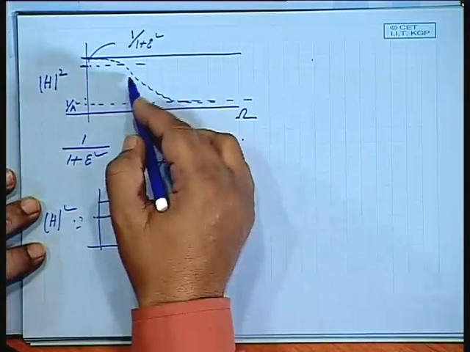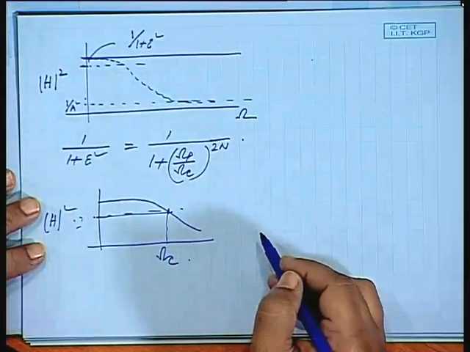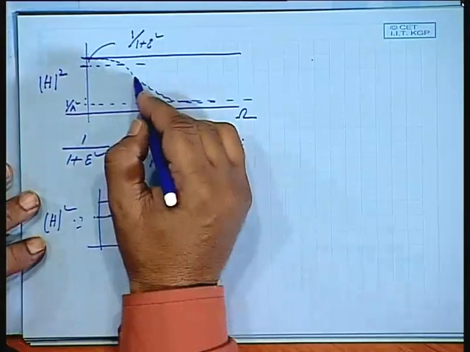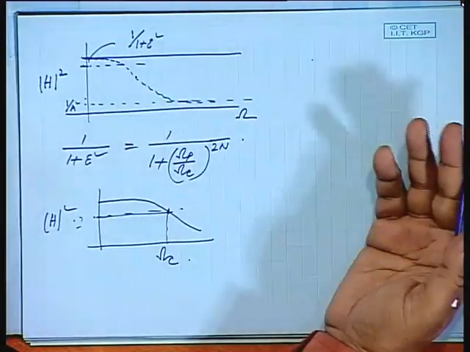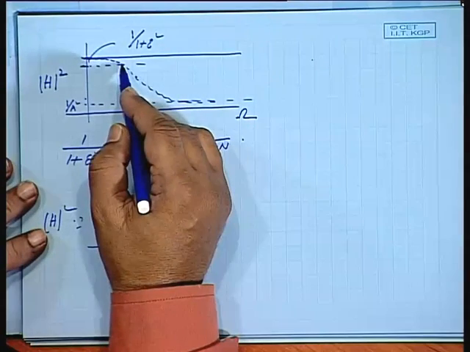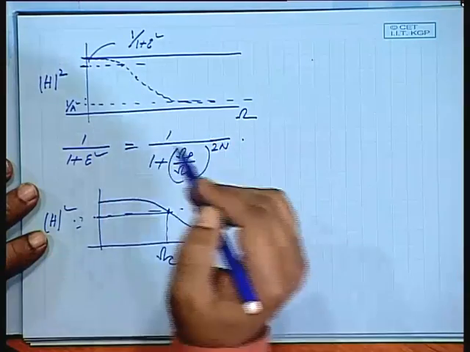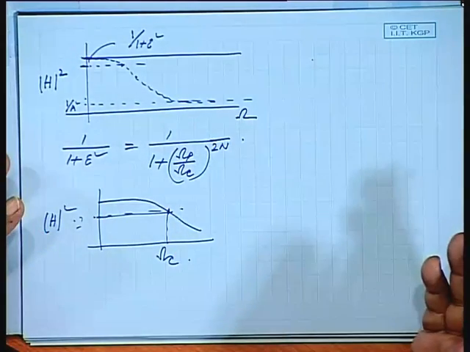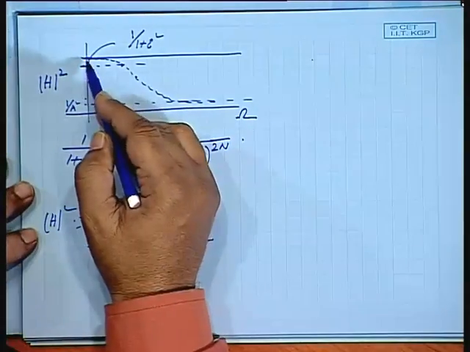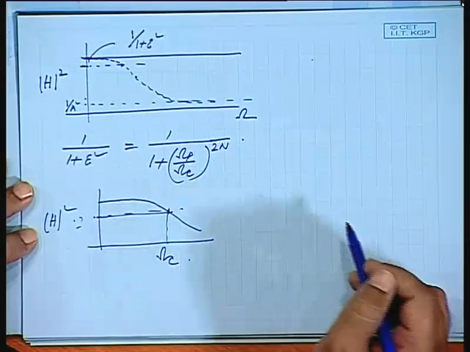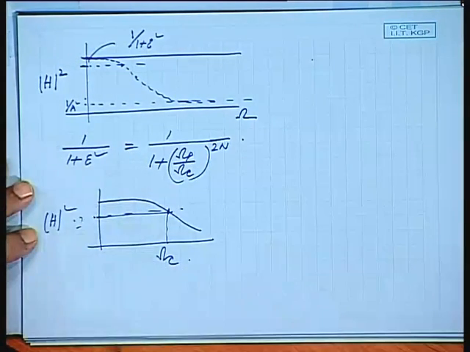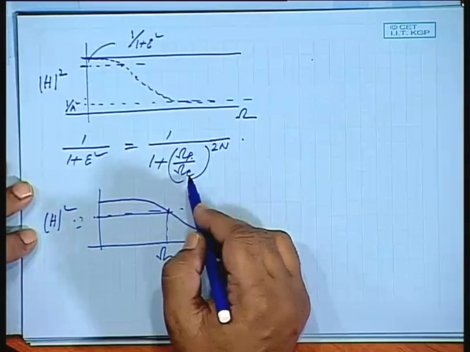But in the actual specification, suppose we do not specify that particular frequency, that frequency is unknown, but I specify some other frequency, call it the passband frequency, at which the gain is so much. That means the gain is 1 by 1 plus epsilon squared. Then you have to search for omega p or omega c.